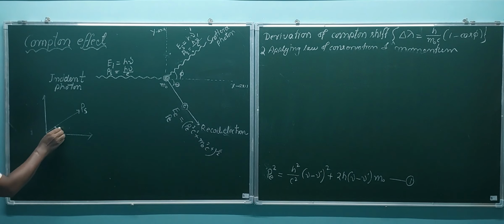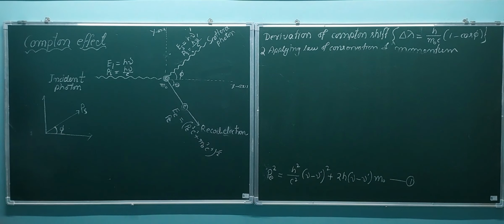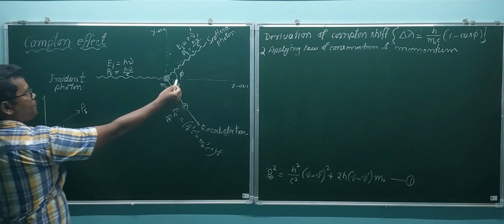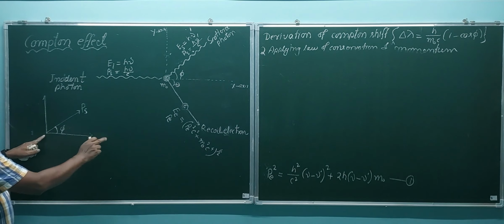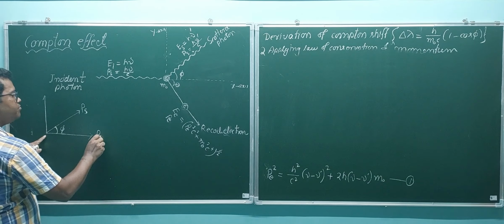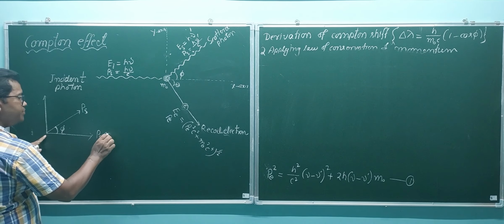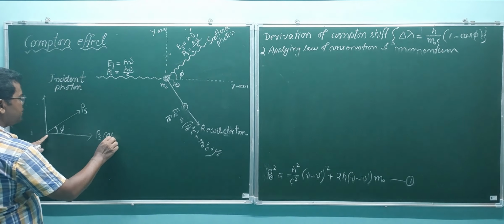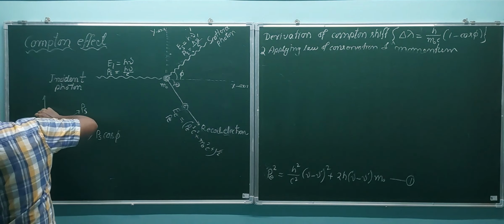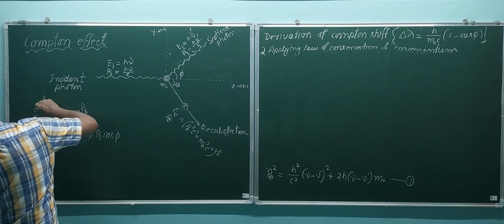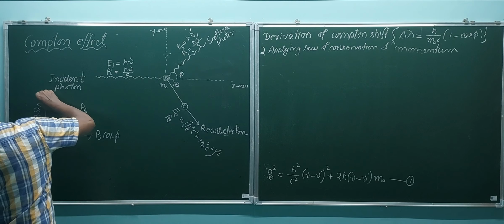This is our angle of scattering, phi. What is the value of this? This is Ps cos phi. And what is the value of this? This is Ps sin phi.